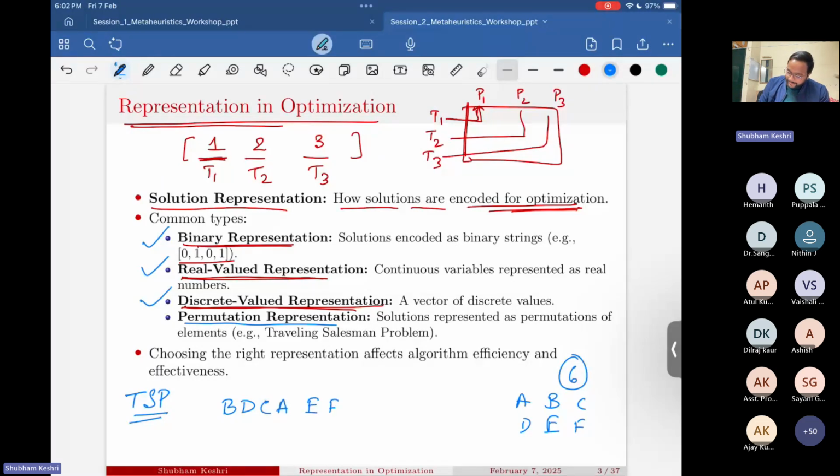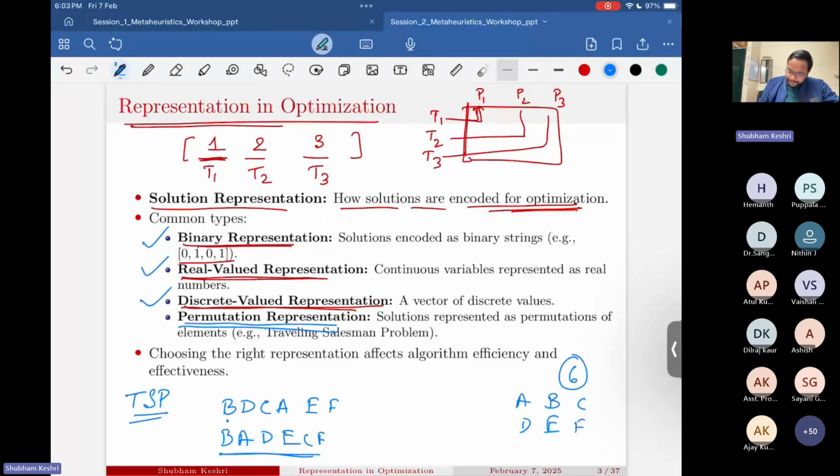It means the salesman starts from city B, visits city D, then city C, then A, then E, then F. It is a permutation. You see, this can be changed. That permutation of cities can be changed. It can be B, A, D, E, C, F. So we are writing a permutation.